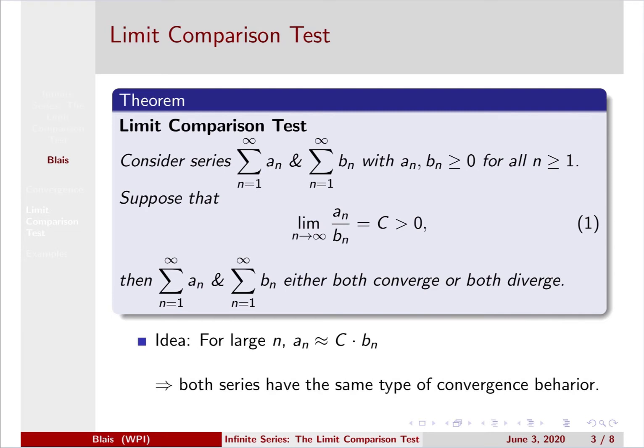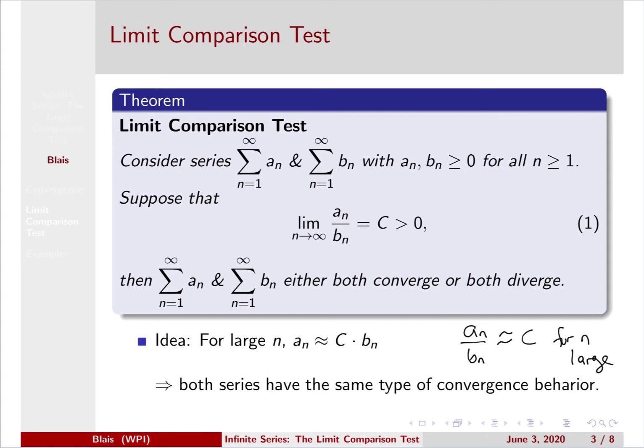The idea behind this is that if you look at this limit, and again, this is the limit of a sequence, for large n, this is saying that a sub n over b sub n is approximately equal to c. But that means you can multiply both sides by b sub n. And so for large n, each a sub n is approximately c times b sub n.